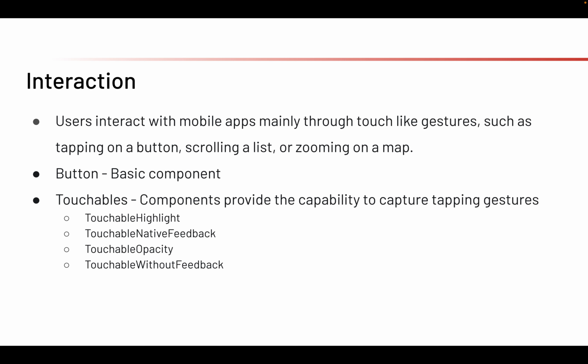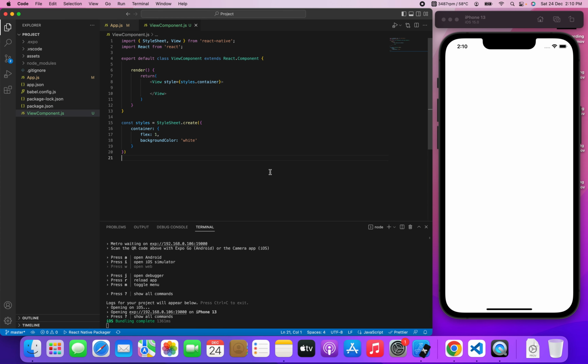Okay, so we'll start with Button. I'm continuing with the View component that I created in the last section. What I'm trying to do is add one Button component here, and after clicking on the Button component I will randomly change the background color of the view.